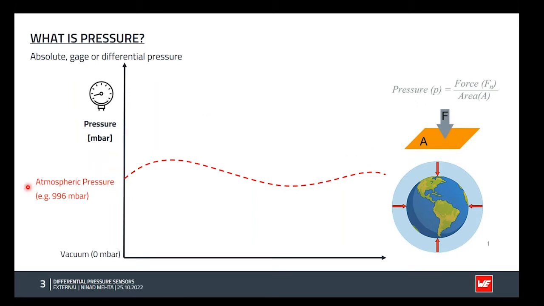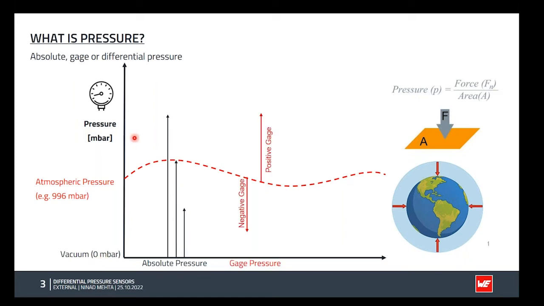When we talk about atmospheric pressure, this is always measured with respect to the vacuum, which is zero. So the atmospheric pressure is an absolute pressure. Absolute pressure is always positive because it is always referenced to absolute vacuum, or zero.